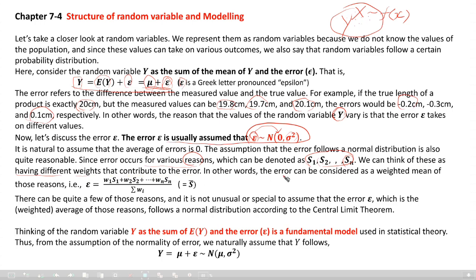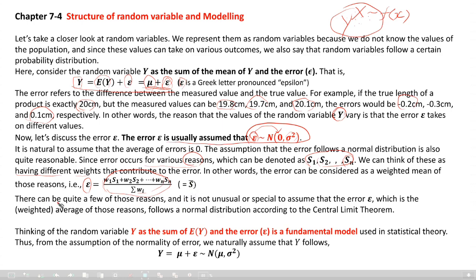In other words, the error can be considered as a weighted mean of those sources, S1, S2, Sn. This is a weighted mean. So this weighted mean is what? S bar. Understand that? It is a mean, S bar.